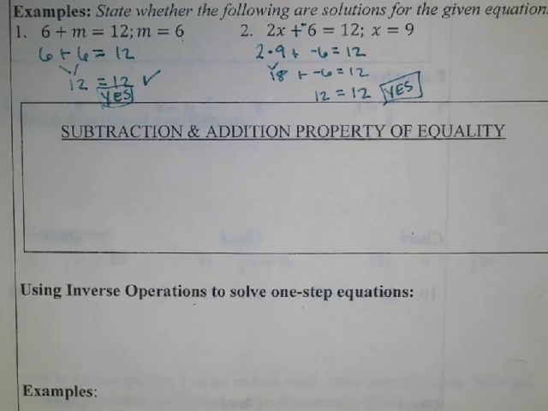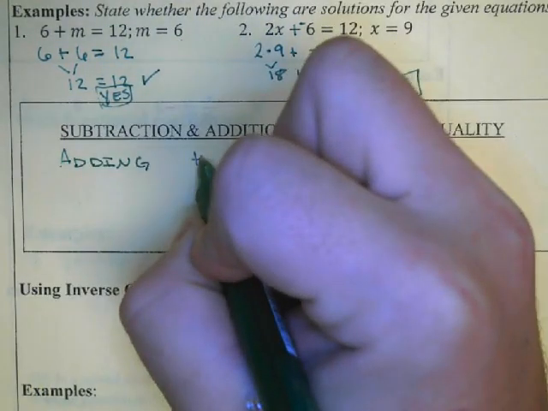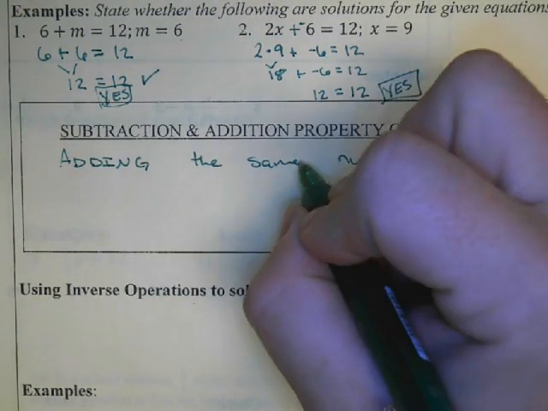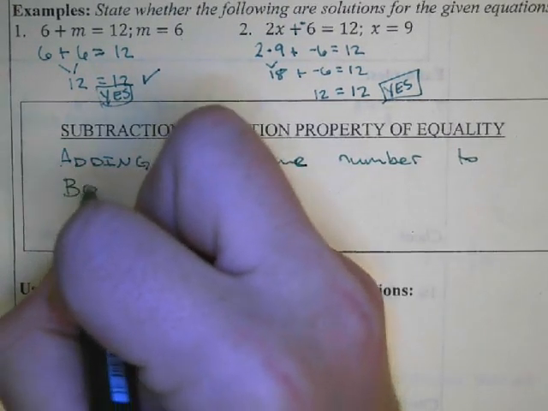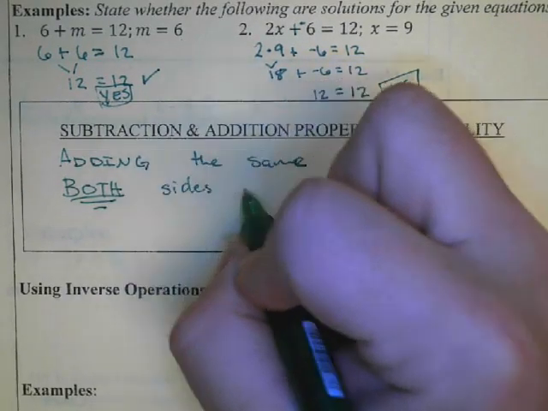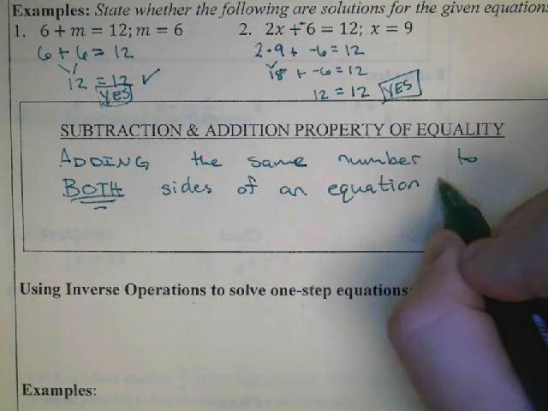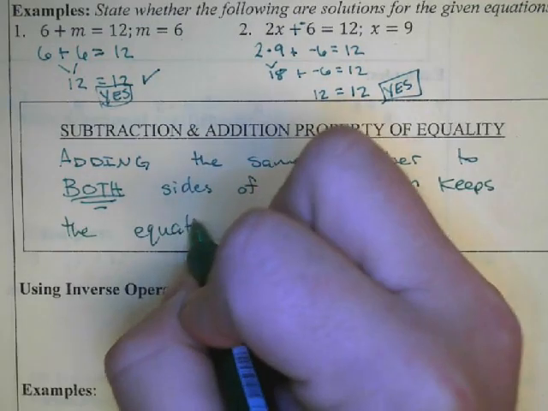The way the subtraction and addition property of equality works is adding the same number to both sides of an equation keeps the equation true.